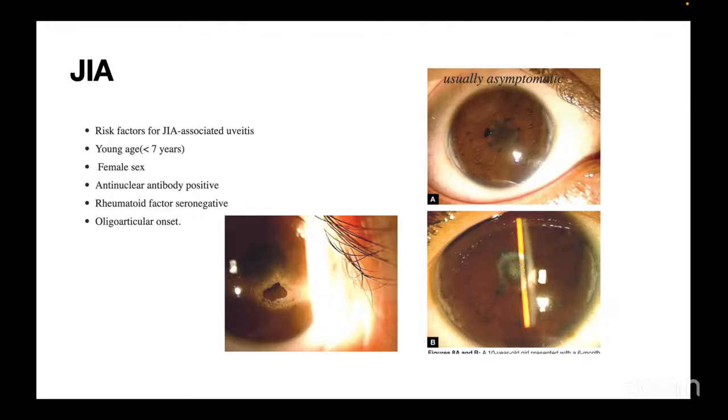The criteria I mentioned here is a young female, anti-nuclear antibody positive, RA factor negative, with oligoarthritis onset. These are the female patients who come to you for cataract surgery. Okay, so these are the high-risk patients, and they should be followed every 3 to 4 months because the reaction is not much in these patients.